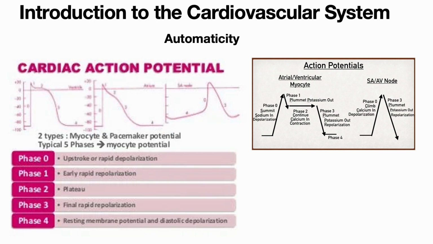This is called depolarization. Depolarization occurs when the membrane no longer has a positive side or pole and a negative side, or it is electrically the same on both sides.